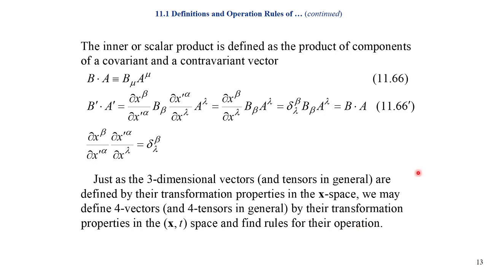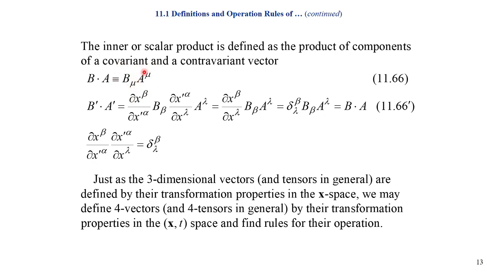It's defined as the product of components of a covariant and a contravariant vector, B dot A, just like B mu A mu.